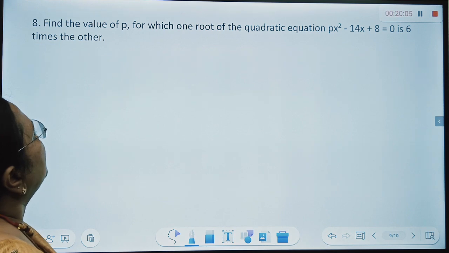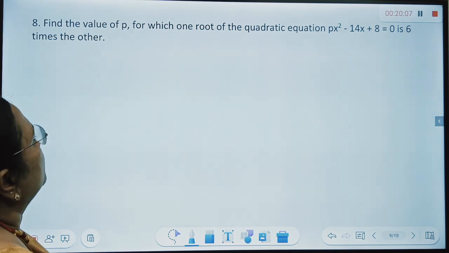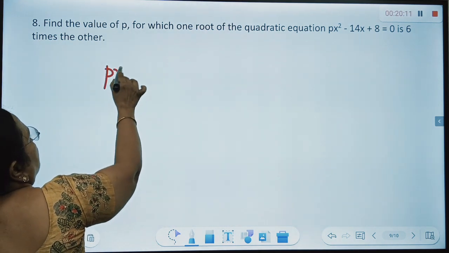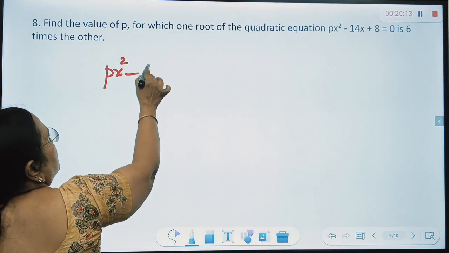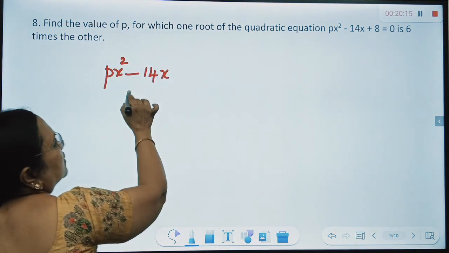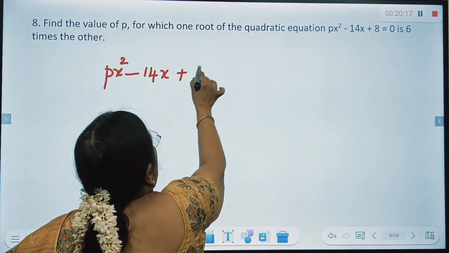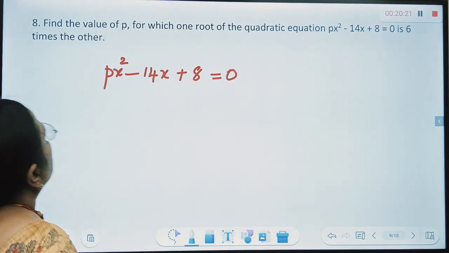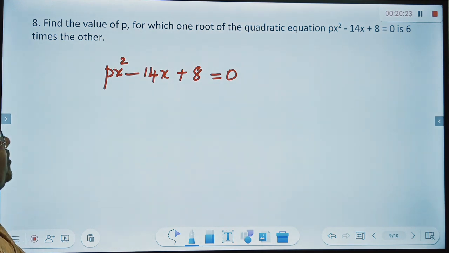Find the value of p for which one root of the quadratic equation is 6 times the other. So what is the quadratic equation? Px square minus 14x plus 8 equal to 0. Find the value of p for which one root is 6 times the other.